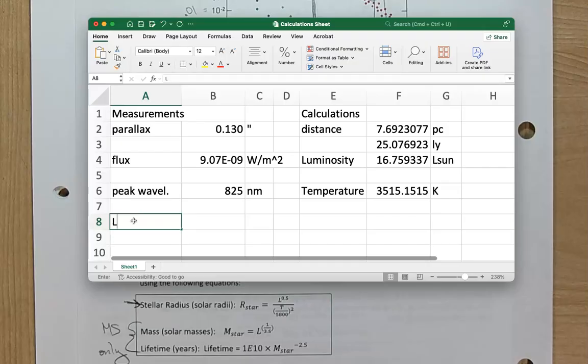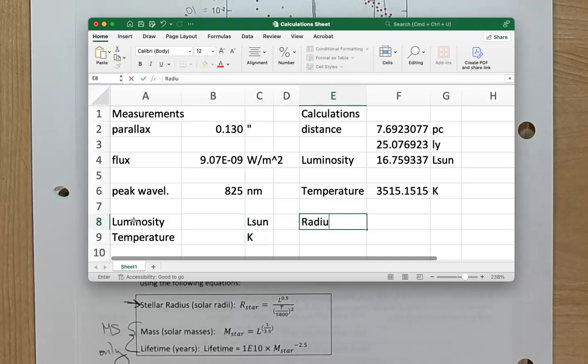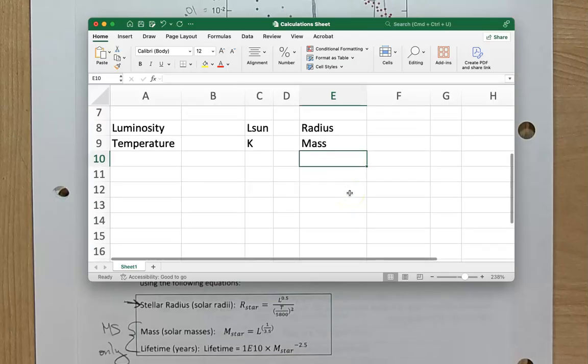We will put the luminosity and the temperature here. And the luminosity needs to be in solar luminosities, and the temperature needs to be in Kelvin. And using that, we'll calculate the radius, the mass, and lifetime.